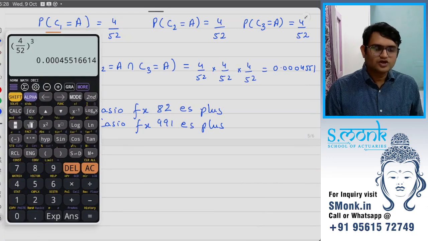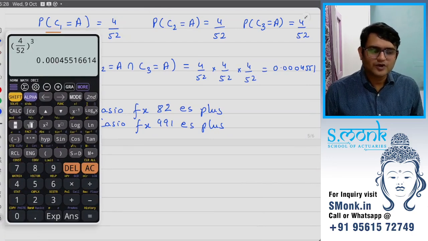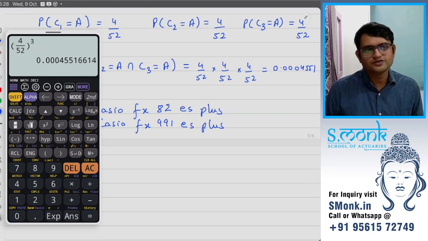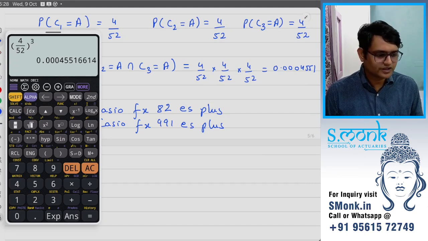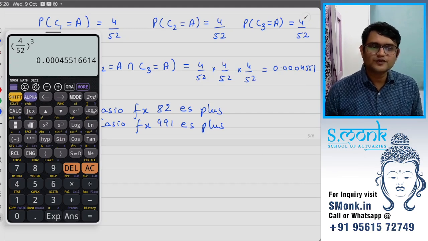Using this app. Of course you should buy the physical calculator as soon as possible. The more you practice, the faster you will become in that calculator. So throughout your course, you should practice with the physical calculator and not with any app on your phone.